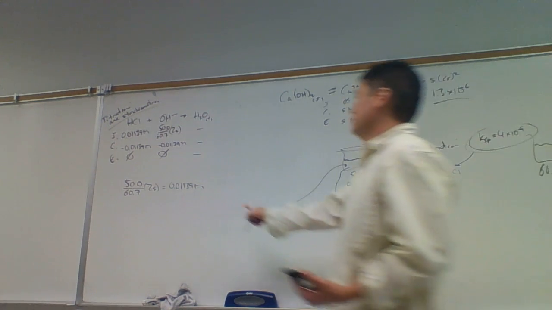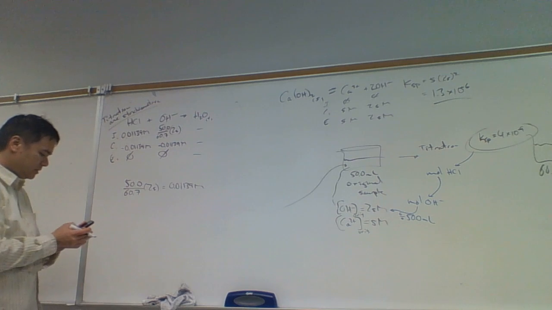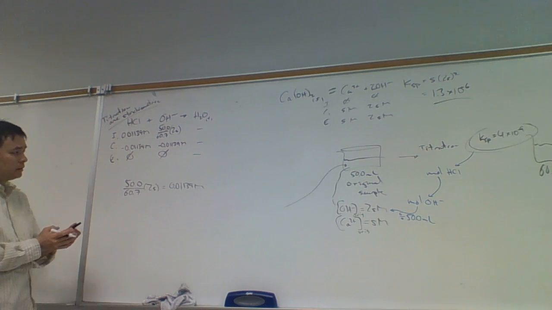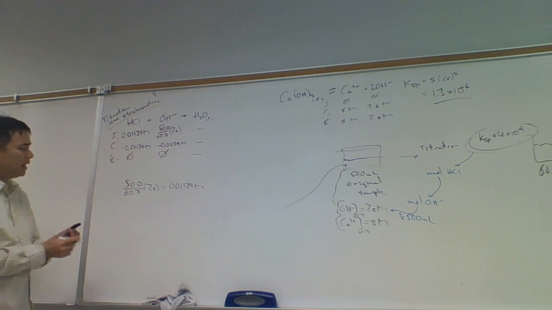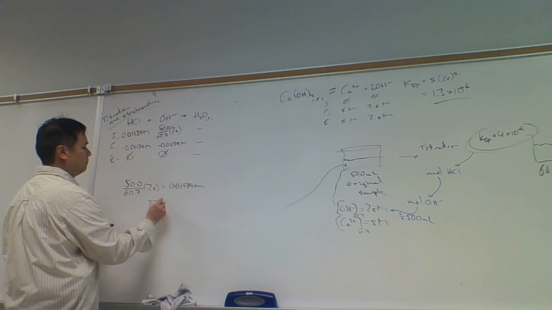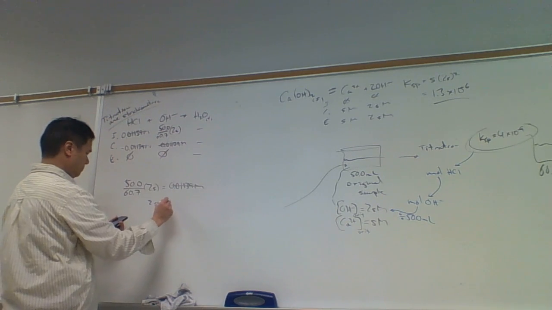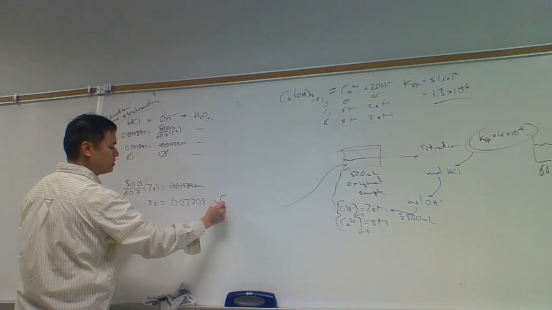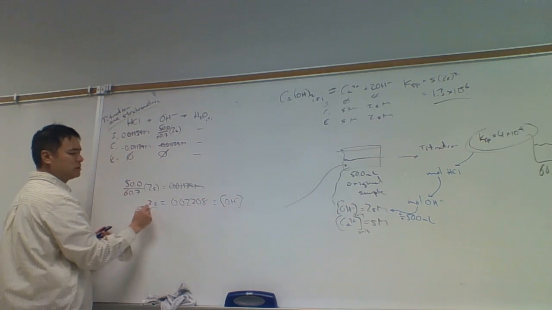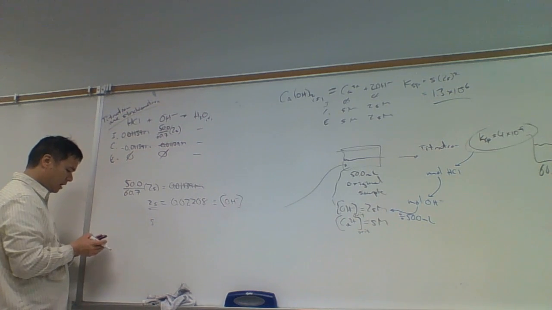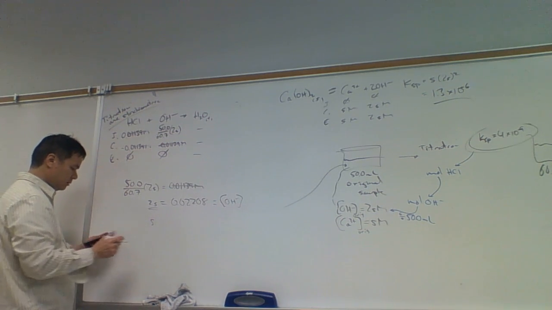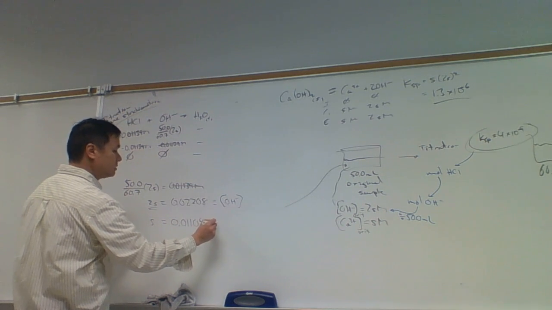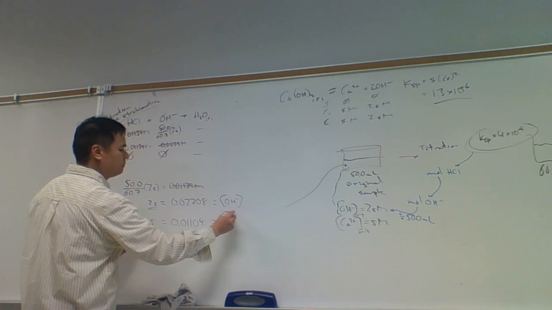So that's got to go over here, times 60.7, divided by 50, 0.02208, which is going to equal the hydroxide ion concentration. The hydroxide ion concentration is equal to 2S, and then we'll take that in half. That's going to equal the calcium concentration.